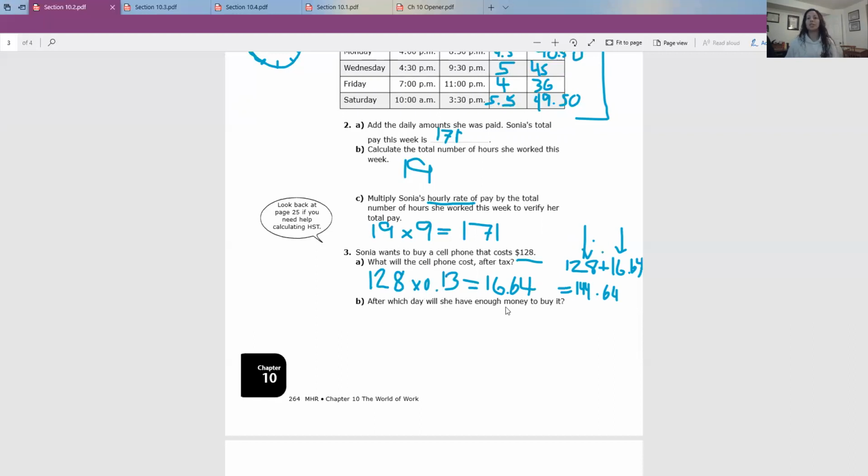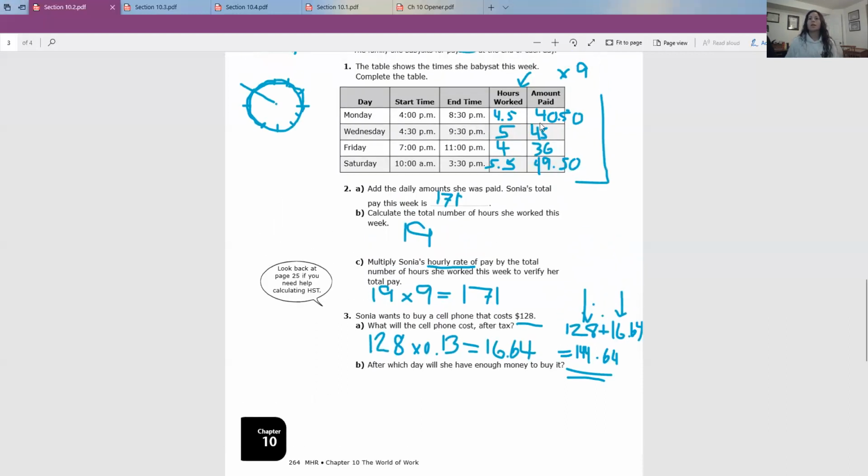After which day will she have enough money to buy this? So now take a look up here at her cost, and we're trying to figure out when does she actually have $144. So if you start calculating all of these, this is $40.50. If I add $45, I'm only at $85.50.